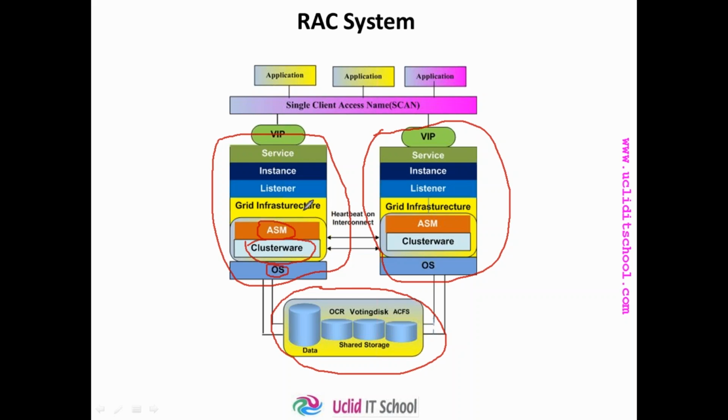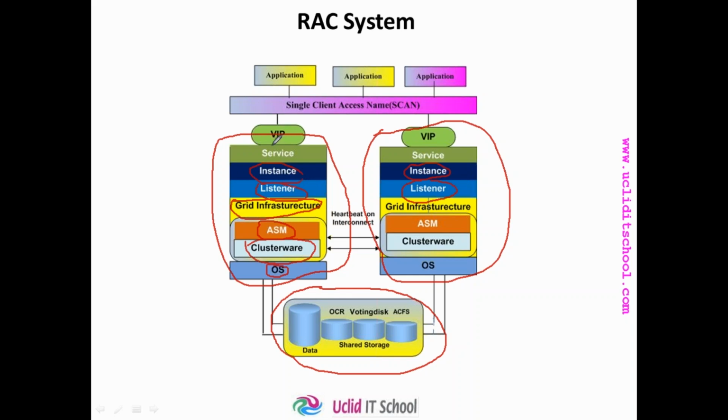From 11g Release 2, ASM and Oracle Clusterware together are called Grid Infrastructure. Then of course you install database binaries, create an instance, and start a listener on every server.